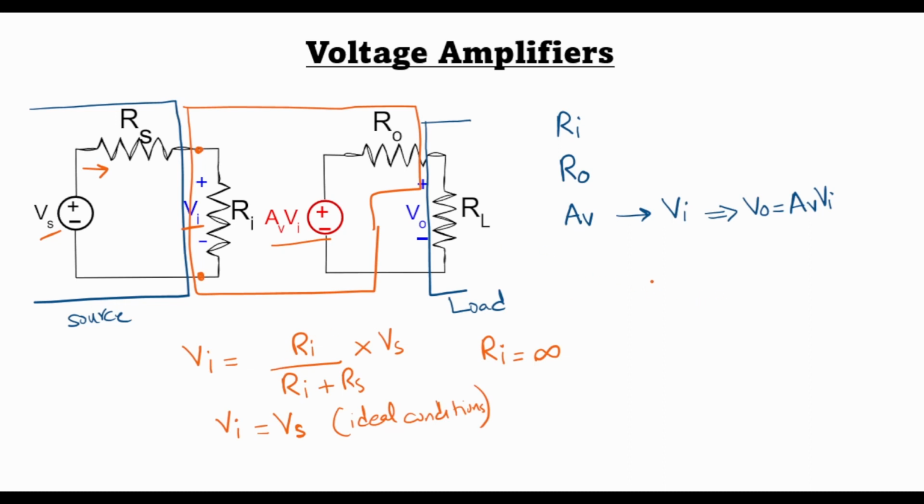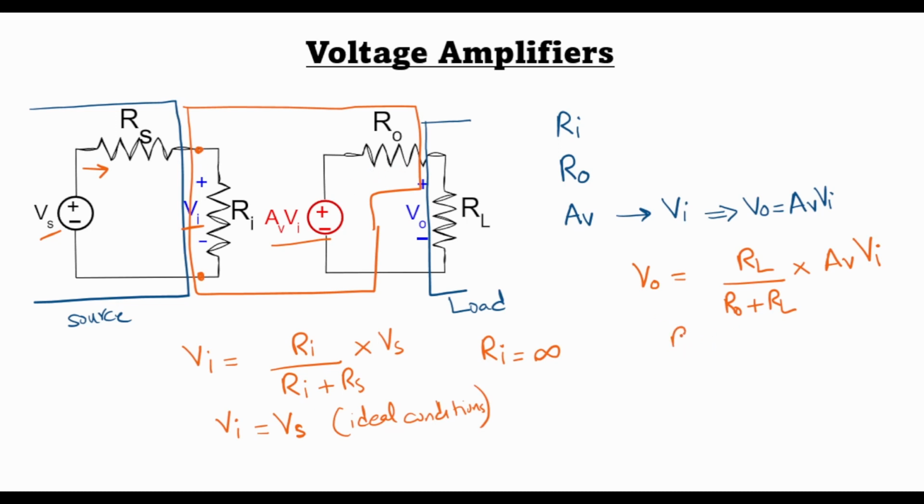Similarly, at the output, we can write that V naught, the voltage across the load resistance RL, can be written as RL divided by R naught plus RL times AV times Vi. In this case, we would like the output impedance R naught to be equal to 0.